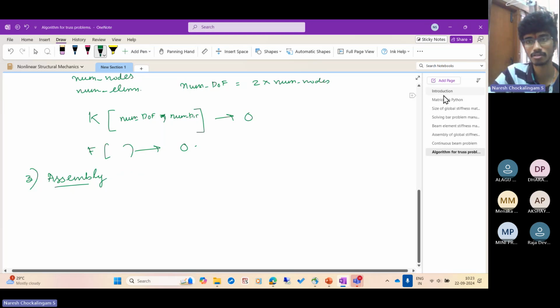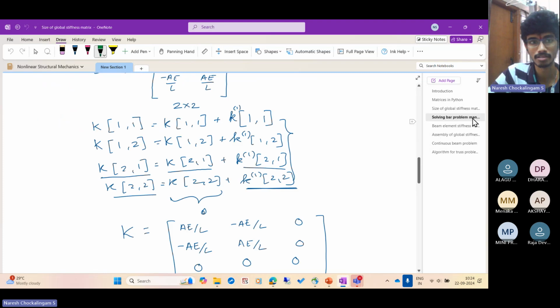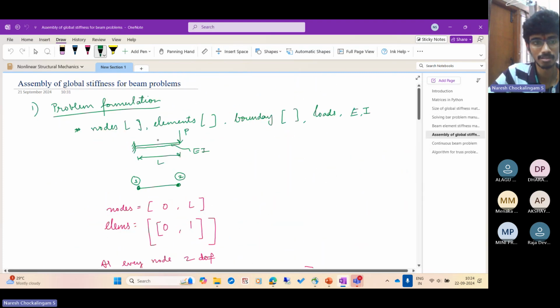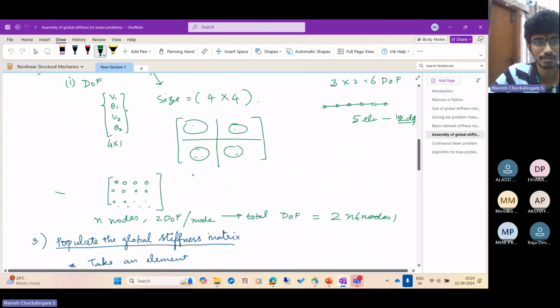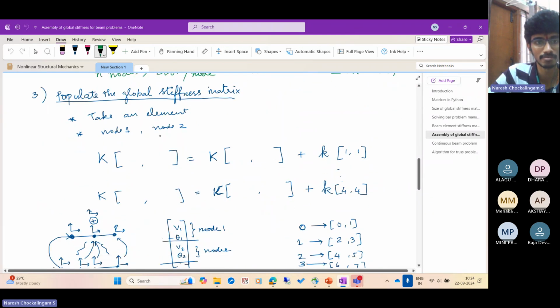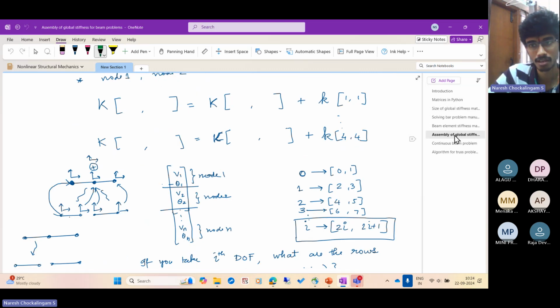That's what we did in both bar and beam elements. We said we'll do this assembly operation. We'll assemble the global stiffness, right? So we initialized it, then we populate the global stiffness matrix. We take every element of the element stiffness matrix and plug it in appropriate positions.